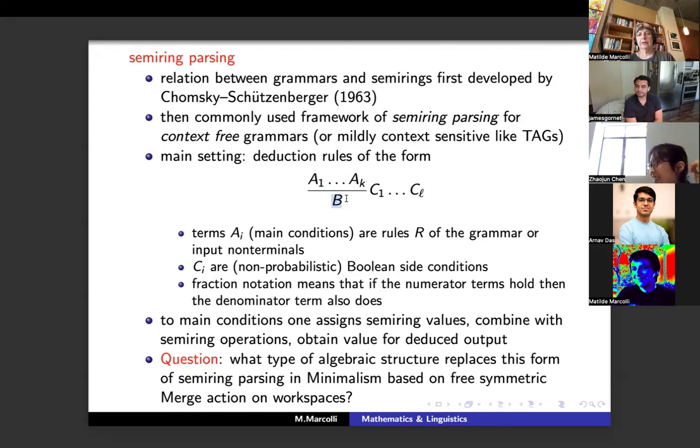And then what you get down here in the denominator is a possible deduction. It means that if whatever you have in the numerator parses, subject to these conditions, correctly in your parsing semiring, then it will imply that what you have in the denominator also parses correctly. So that's a way to actually follow chains of derivations and check.